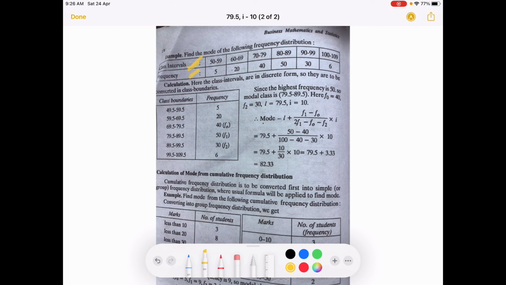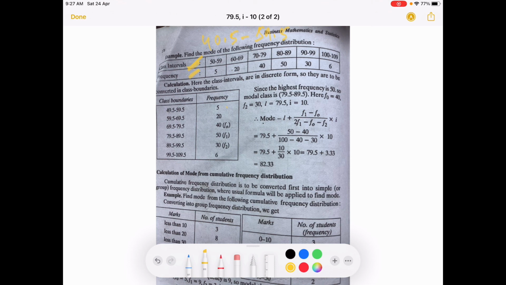How are you going to do so? Solution: class boundaries and frequencies. Make a little change: 50 becomes 49.5 to 59 becomes 59.5. Change 50 to 49.5 and 59 to 59.5, and the frequency remains the same. Then likewise 59.5 to 69.5, 69.5 to 79.5.